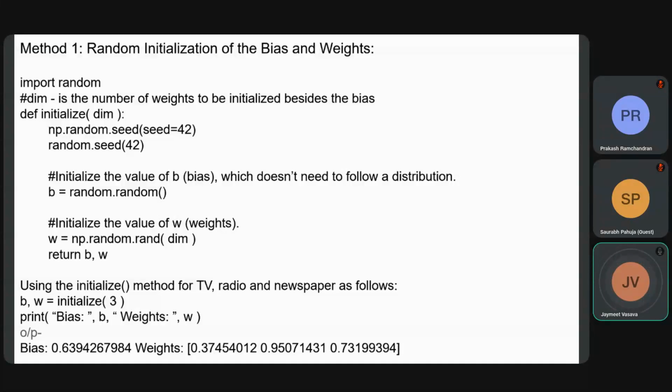The bias that we get is 0.639 and so on. For the weights, for TV it's 0.37, for radio 0.95, and for newspaper 0.73.